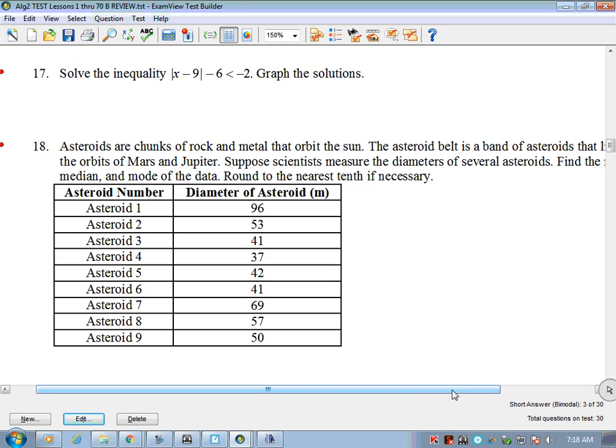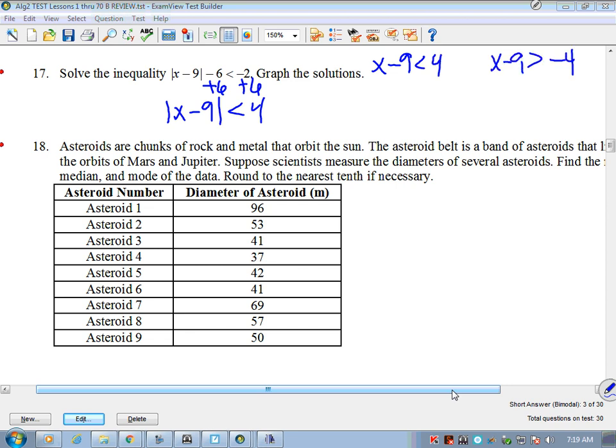Okay, solve the inequality. In solving the inequality, the first thing we want to do is isolate the absolute value. So we're going to add 6. Okay, x minus 9 is less than what looks like 4. Okay, that's fine. Now I need to break it into 2 equations. X minus 9 is less than 4, or x minus 9 is greater than negative 4. Okay, add 9.